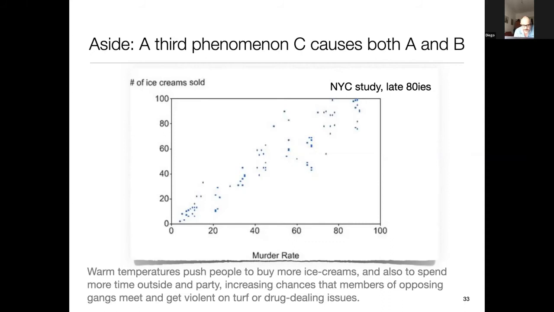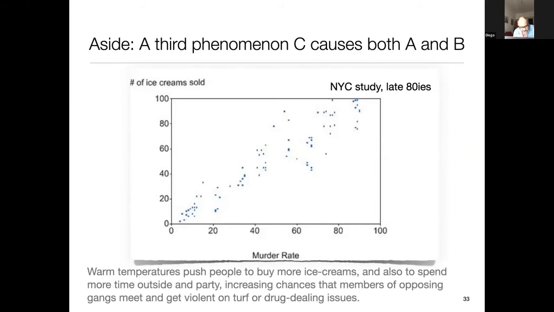But of course, this would not have worked, because what we are seeing here is an example of the triangular case I told you before. We are looking at phenomena A and B here, but we have a third phenomenon, C, which is the temperature. The weather is good in summer in New York. It's hot, and people spend more time on the streets.